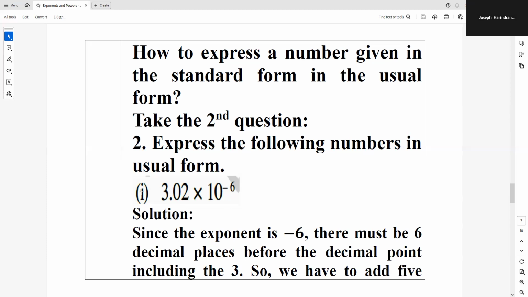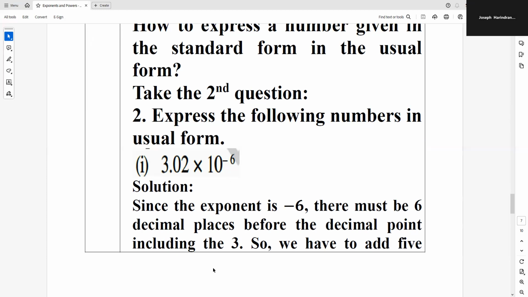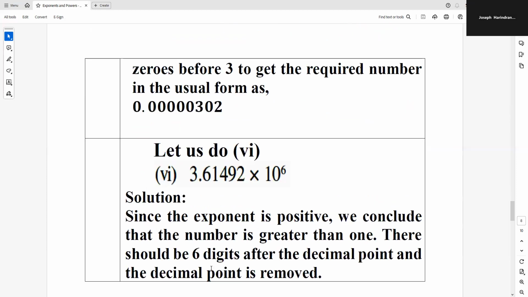How many places? 6 places. So 6 decimal places, including the 3. So we have to add 5 zeros before the 3 to get the required number in the usual form. How many zeros have we added now? 0.00003 and the 02.